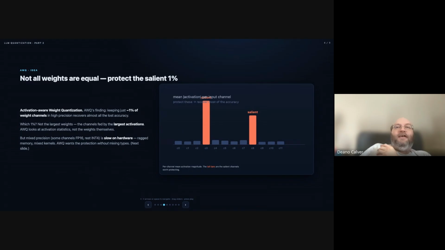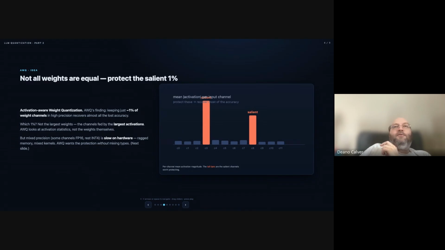Which is quite an amazing figure, because it seems to indicate that if your calibration is good, about 99% of your weights aren't actually very important. There's a lot of research on the pruning side of things looking at that more, because quantization seems to show that a lot of the weights, they're not 0, but they're not as important as just a few 1%.